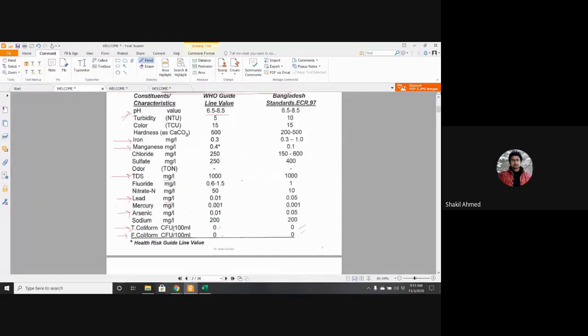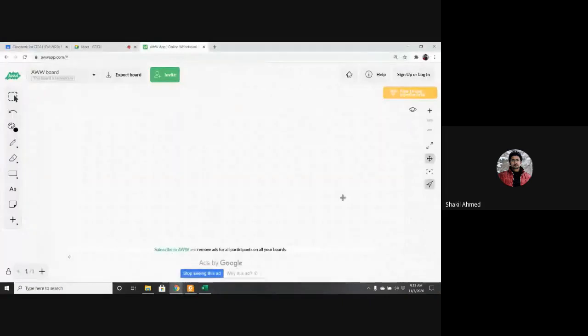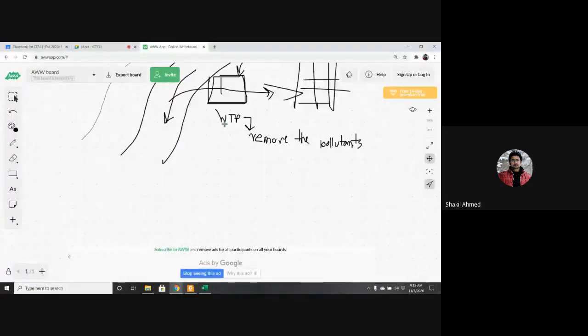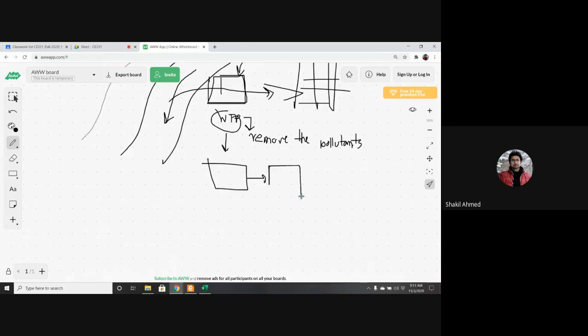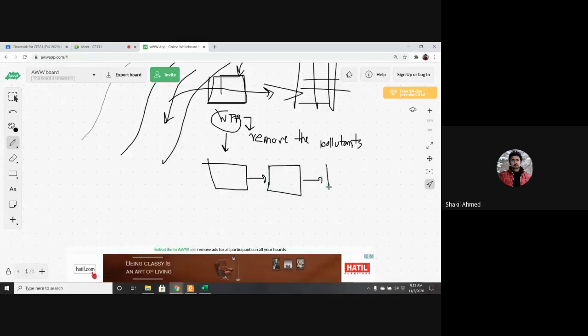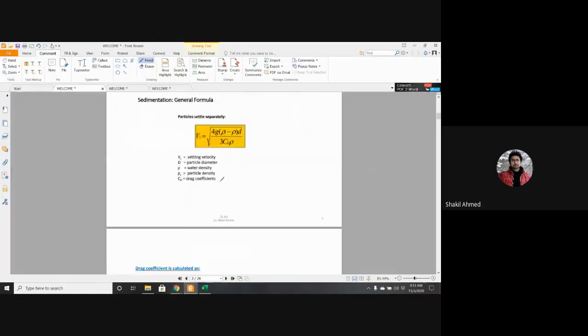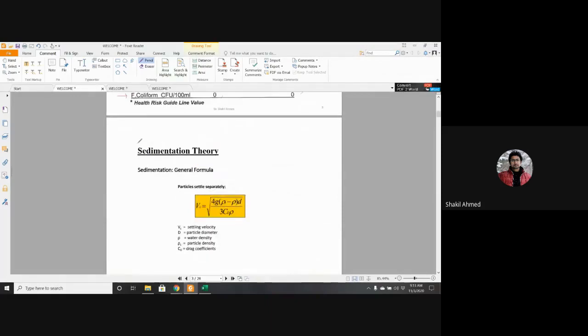This water treatment system is not a single step system, by the way. This is a series of steps. We'll see all of the components one by one. First of all, sedimentation.